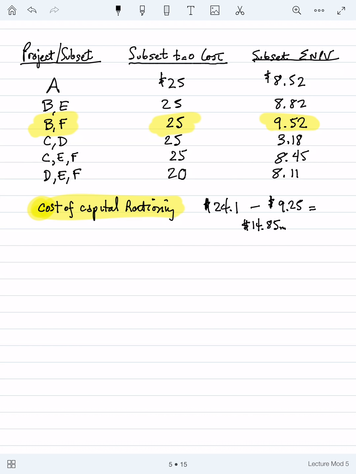Now, it turns out in reality, a pretty high percentage of firms will impose some capital rationing on themselves year after year. Why that happens is not well understood. There's a variety of possible reasons. Why would a firm turn down positive net present value projects? It could be that they're not finding qualified employees.